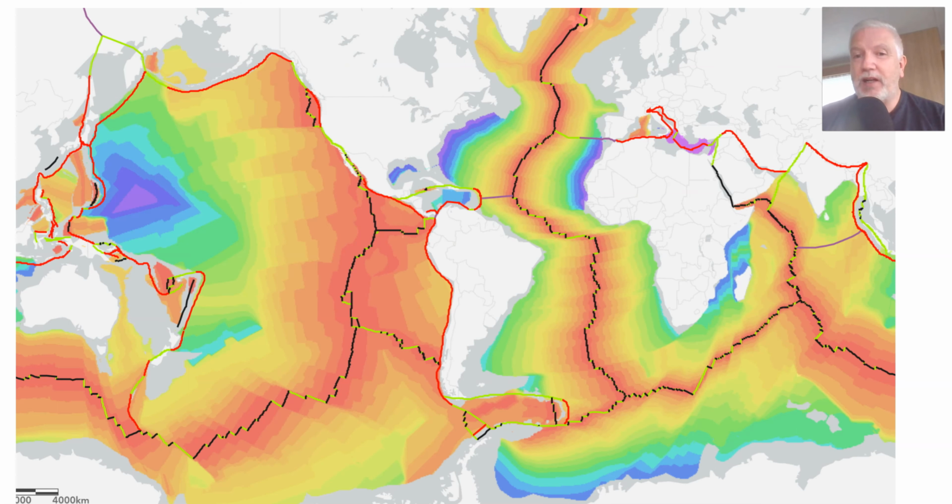Now, you're probably well used to this, but as recently as the mid-1960s, this was ultimately a paradigm-shifting shock revelation. The symmetry, the pattern, the consistency, and all of a sudden, very, very quickly, the theory of plate tectonics coalesced. The weight of evidence built up so much that it was increasingly difficult for the skeptics to remain skeptical.